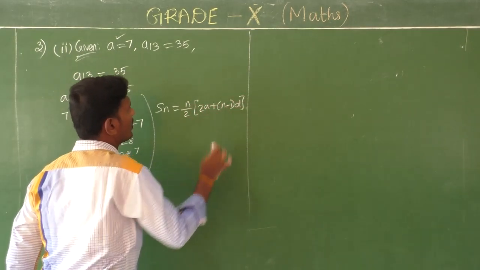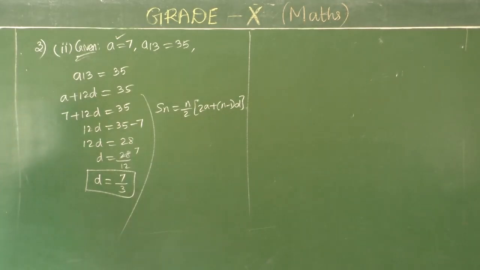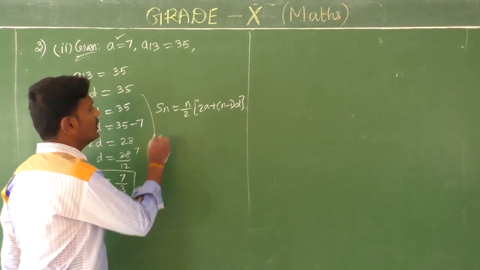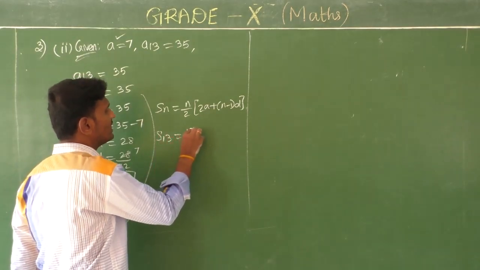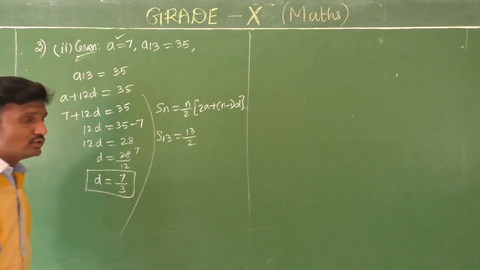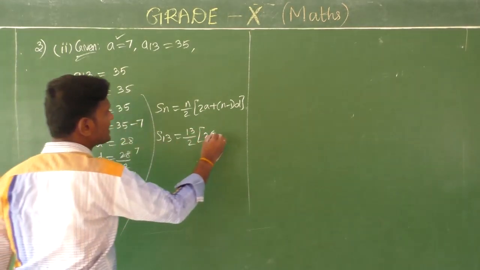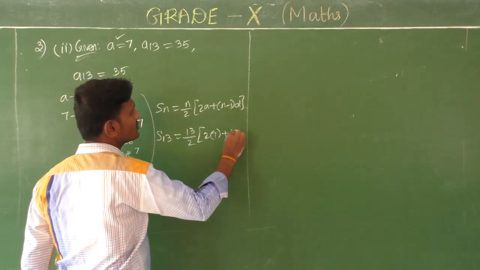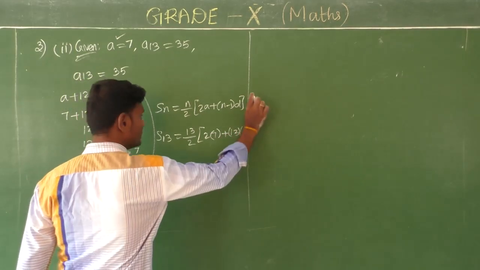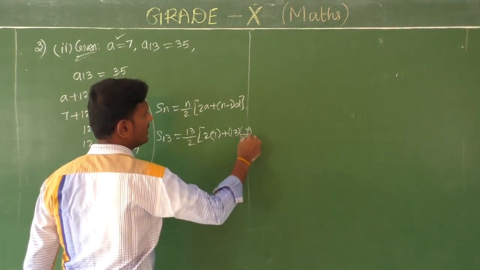This is your formula. S13, so n equal to 13. So 13 by 2 into 2 into the value of a, which is 7, plus 13 minus 1, which is 12, into d. What is d? d is 7 by 3.